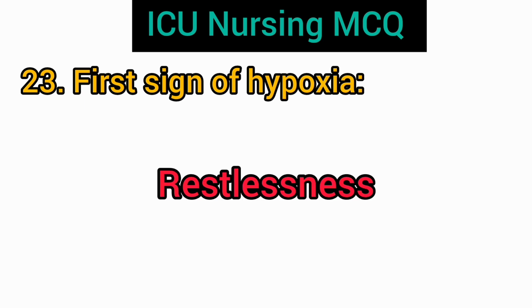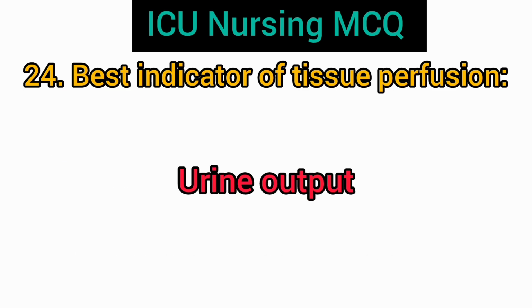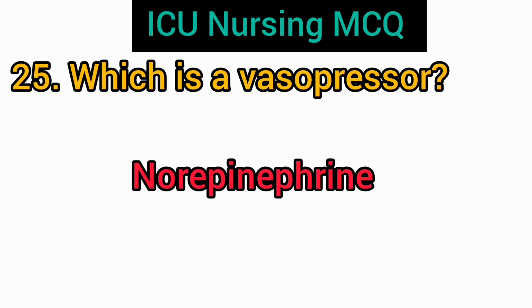Restlessness. Best indicator of tissue perfusion. Urine output. Which is a vasopressor? Norepinephrine.